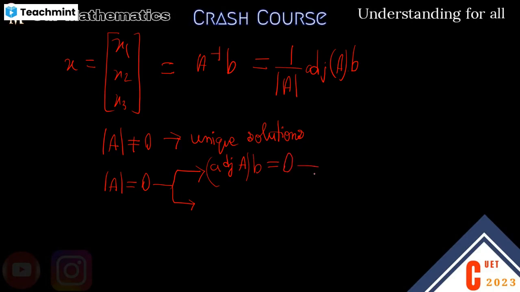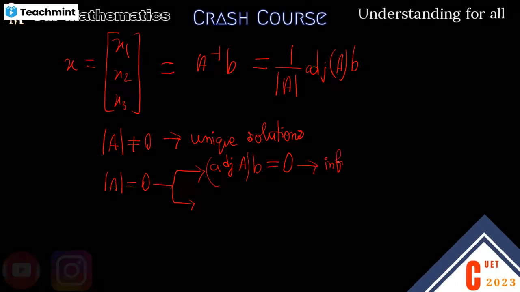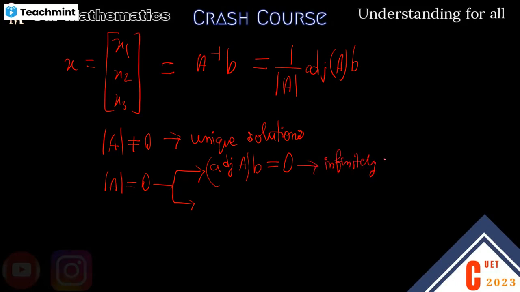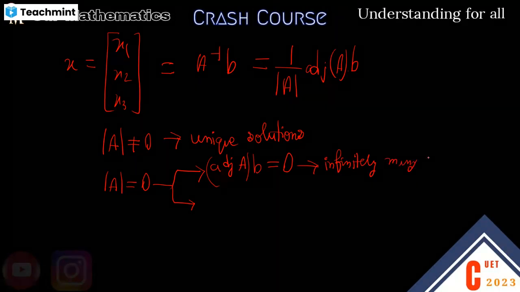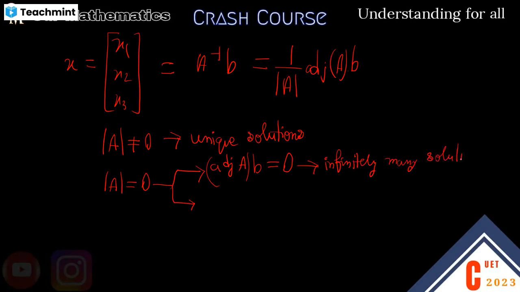Then infinitely many solutions. If adjoint of A times B is not equal to the zero matrix, then no solutions.